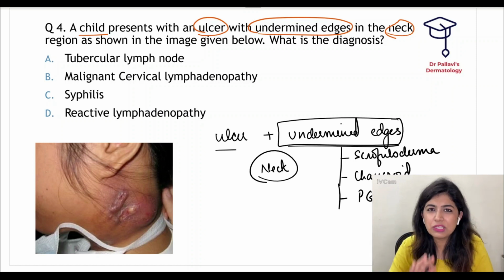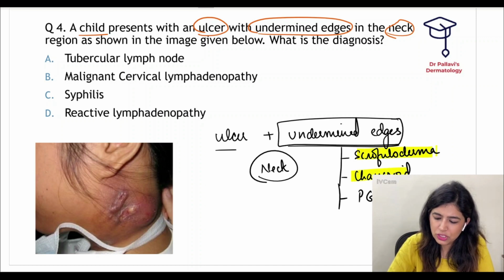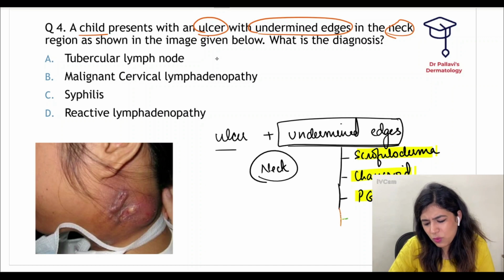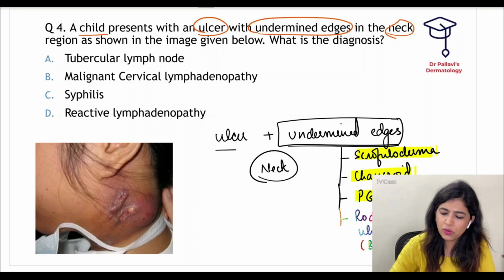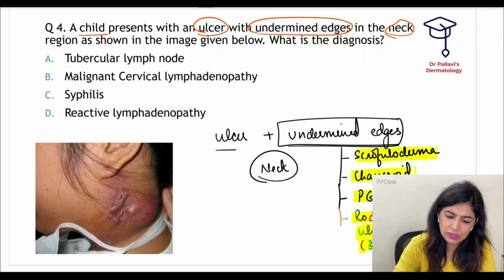So these are the 3 ulcers which will give you undermined edges: scrofuloderma, chancroid and pyoderma gangrenosum. One more which is otherwise asked in the exam is rodent ulcer, that's a type of BCC. They don't generally ask you this in the differential of undermined edges, but still remember. So scrofuloderma, chancroid, pyoderma gangrenosum and rodent ulcer, a type of BCC.